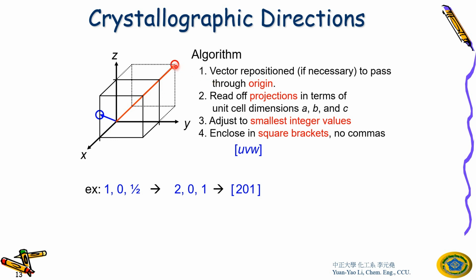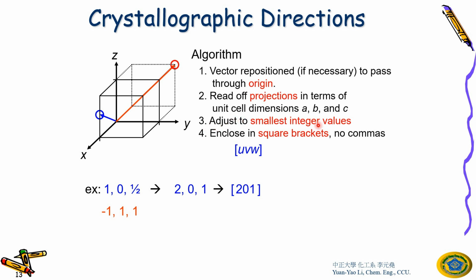Second, projection to this one, which is what? Positive or negative? First for x-axis. Negative, right? Negative, because it goes to another way. Okay, y, positive or negative? Positive, right? Z positive or negative? Positive. So that will be minus 1, 1, and 1.